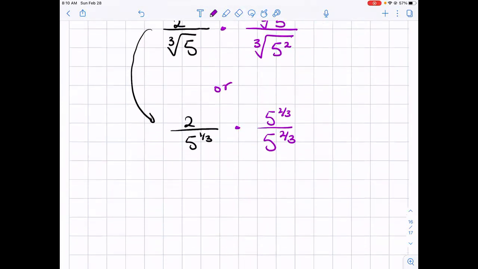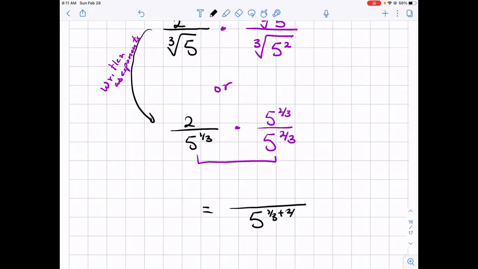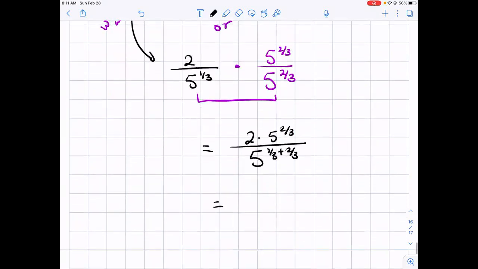Now, this is written as exponents. When you multiply these two things, the denominator becomes 5 to the 1/3 plus 2/3, and in the top we have 2 times 5 to the 2/3. The bottom becomes 5, since 1/3 plus 2/3 is 1.